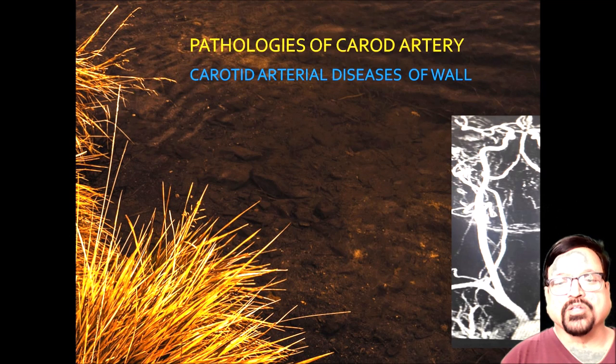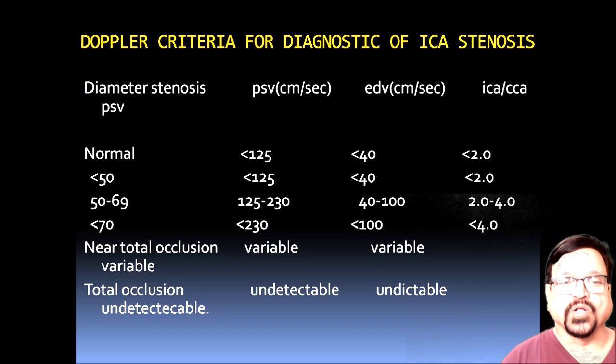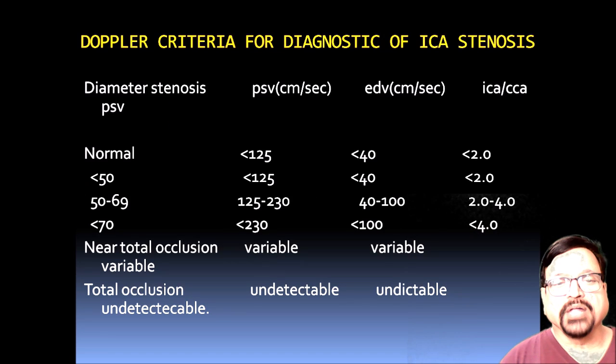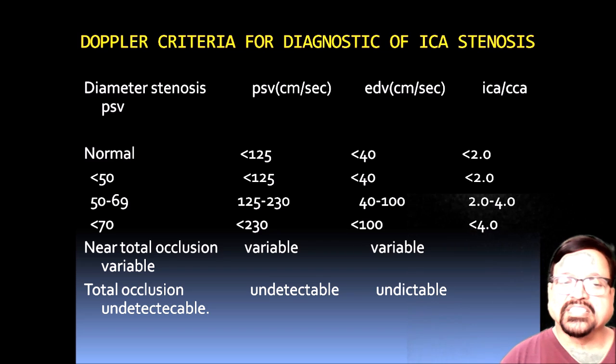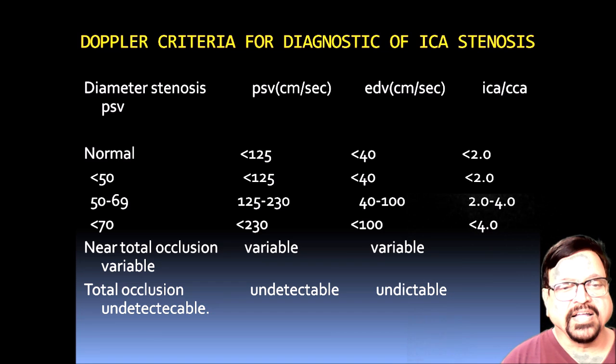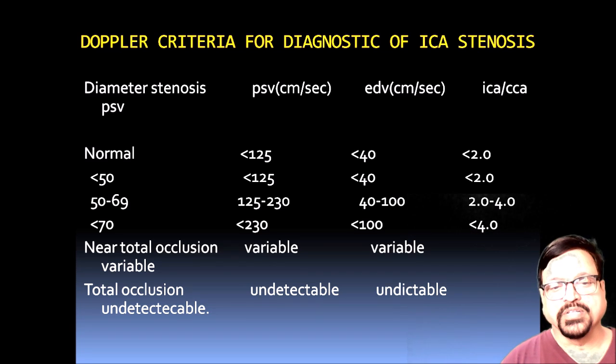Now let us come to the pathologies of common carotid arteries, that is of the diseased walls. Now Doppler criteria for diagnosis of internal carotid artery stenosis. There are certain criteria we'll look into. Now the diameter stenosis is the first column. Second is the peak systolic velocity. Third, end diastolic velocity. And the ratio of internal carotid to common carotid is the last one.